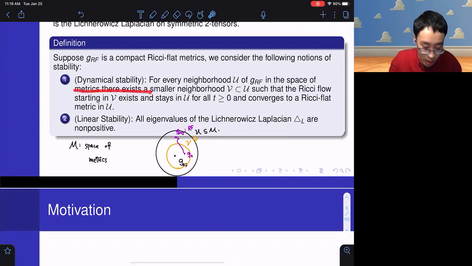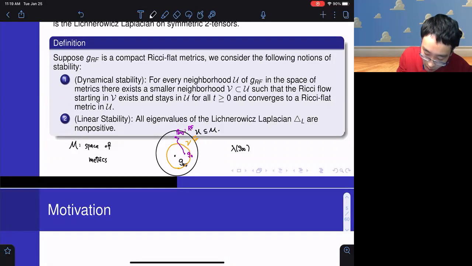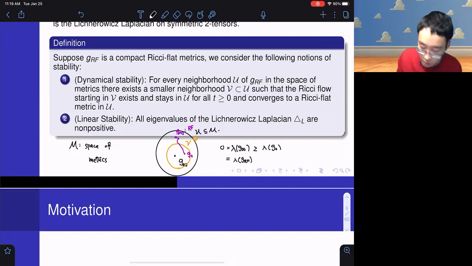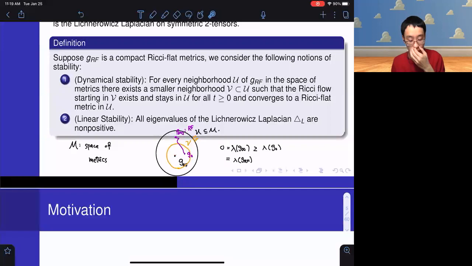So if you have dynamical stability, then lambda of G infinity should be bigger than lambda of G0. But because G infinity is Ricci flat, its entropy should be 0, the same as with the GRF. In other words, it says that lambda at the center should be the maximum, and it implies that they are linearly stable. Okay.